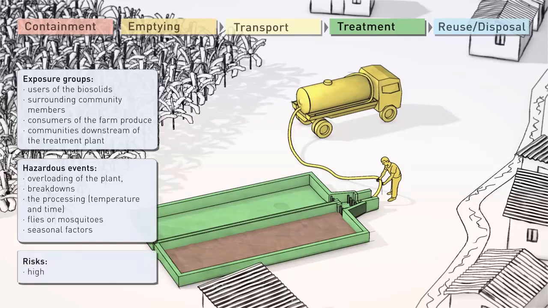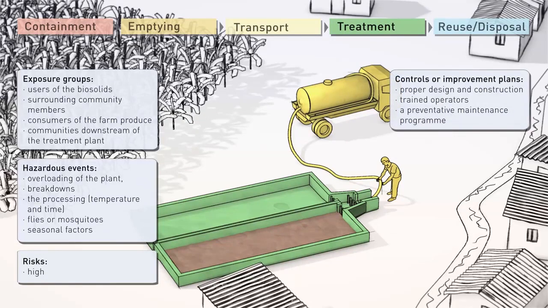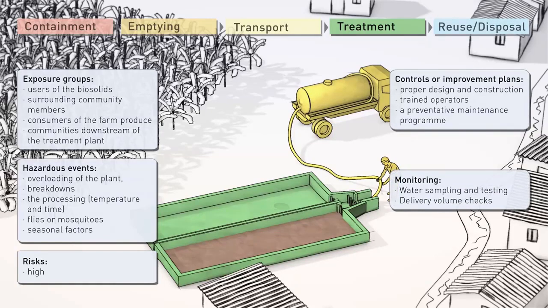The risks and consequences of these are high. Example controls include proper design and construction, trained operators, and a preventive maintenance program. Monitoring may include periodic testing of effluent and checks on delivery volumes.